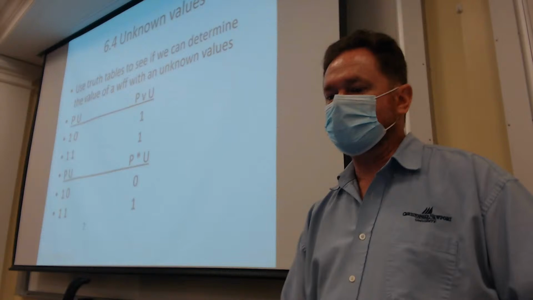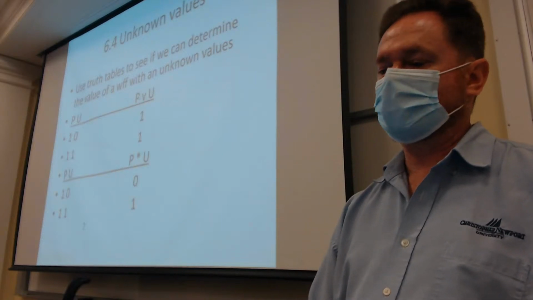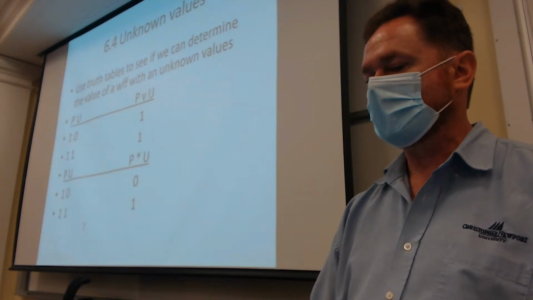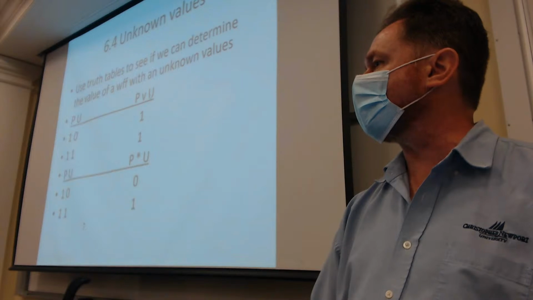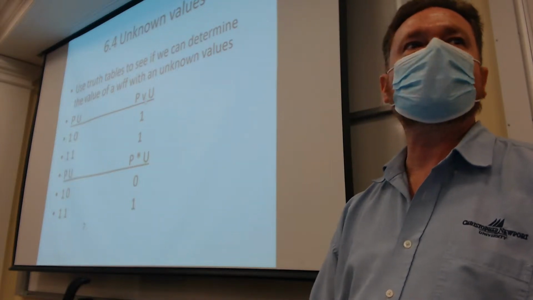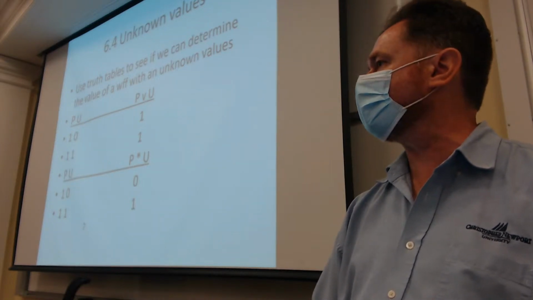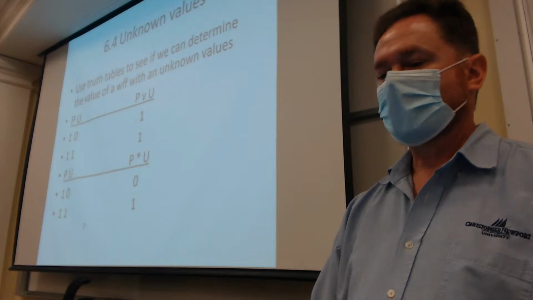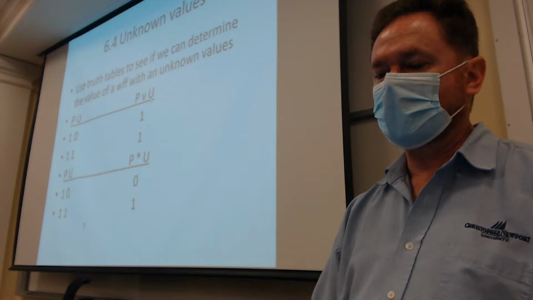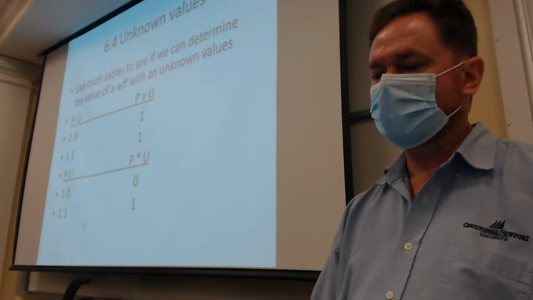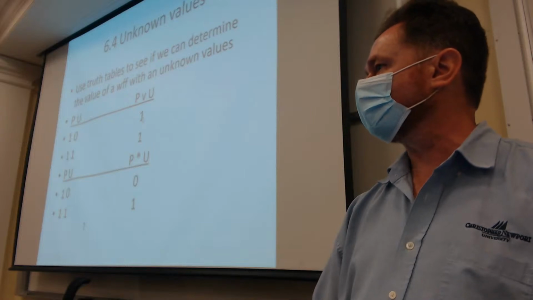And it turns out when we have the statement P, where P is true, or U, where U is unknown, we still can figure out and prove the value of the OR. Because no matter what the unknown value is, the value of the OR is going to be true.